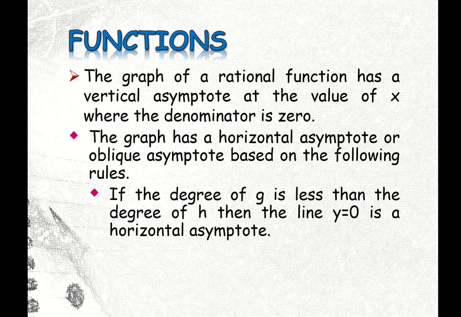So that is what is meant by asymptote. An asymptote is the line that the function gets closer to but will not touch. Now the graph has a horizontal asymptote or oblique asymptote based on the following rules.